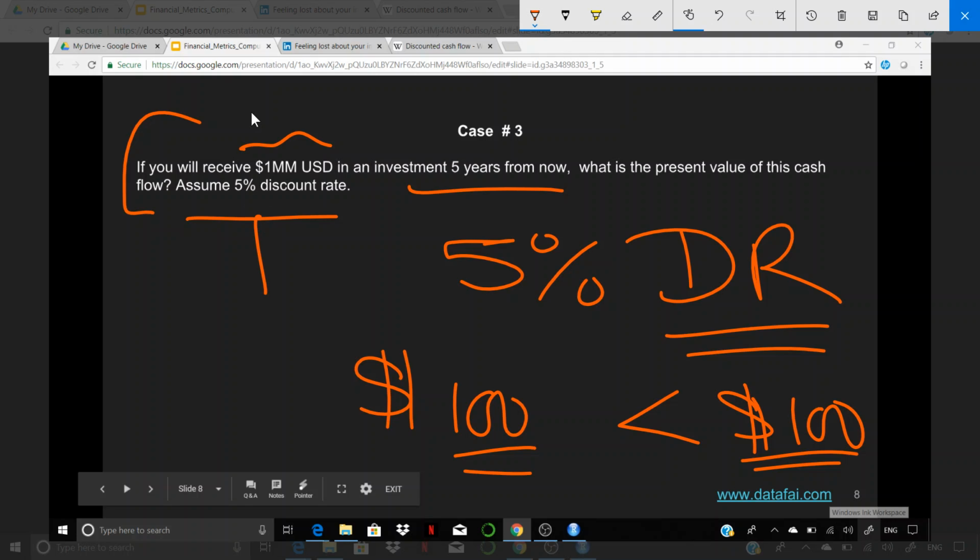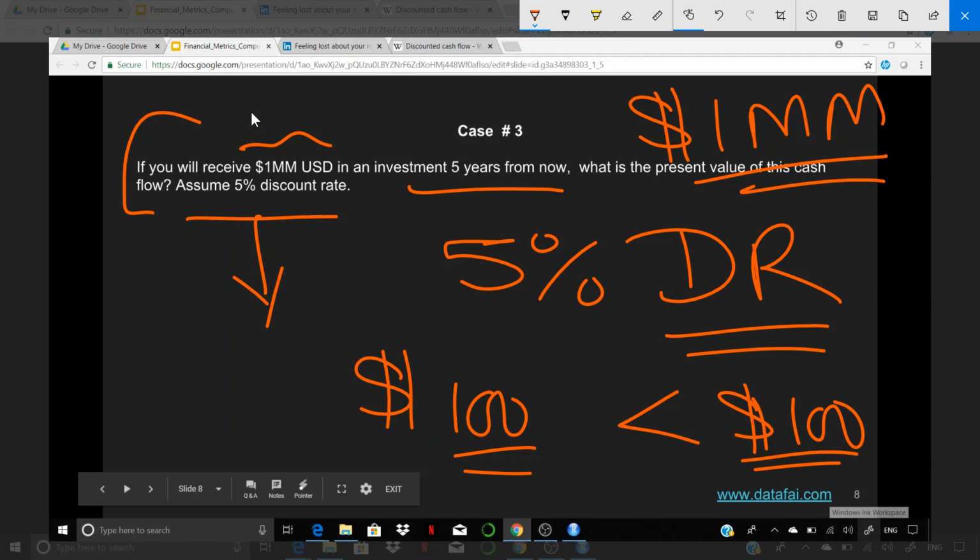So the discount rate is really used to discount the future cash flow to the present value, right? So whatever you can buy with $1 million 5 years from now, you will be able to afford the same thing with significantly less than $1 million, right? So that is the main concept of the discount rate.